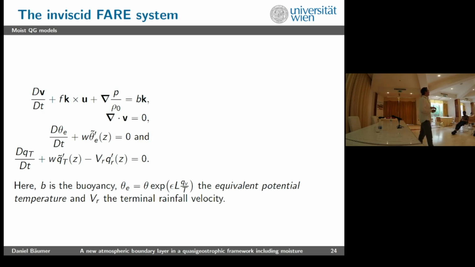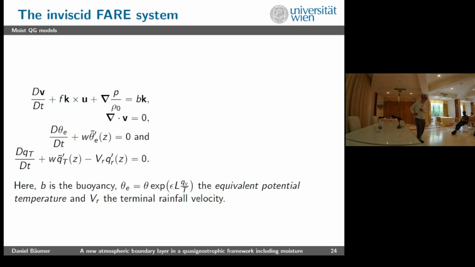So if we compress to sea pressure some parcel of moist air, and we drain all the moisture from it, then the temperature that would be attained is supposed to be the equivalent potential temperature, and it's also conserved under certain conditions, which is why we have this form of the equation.